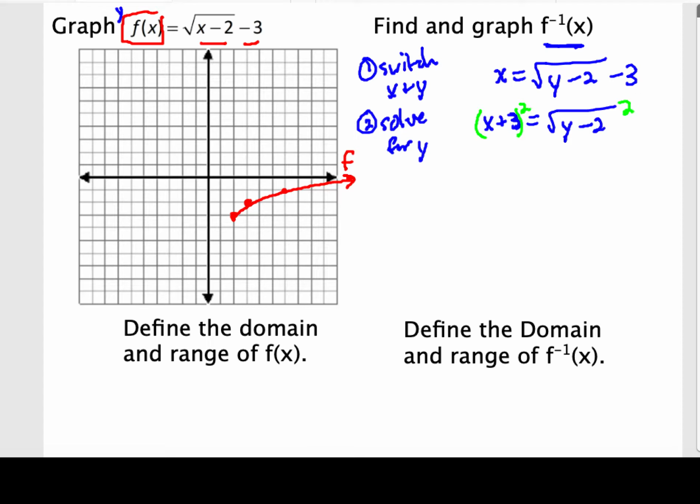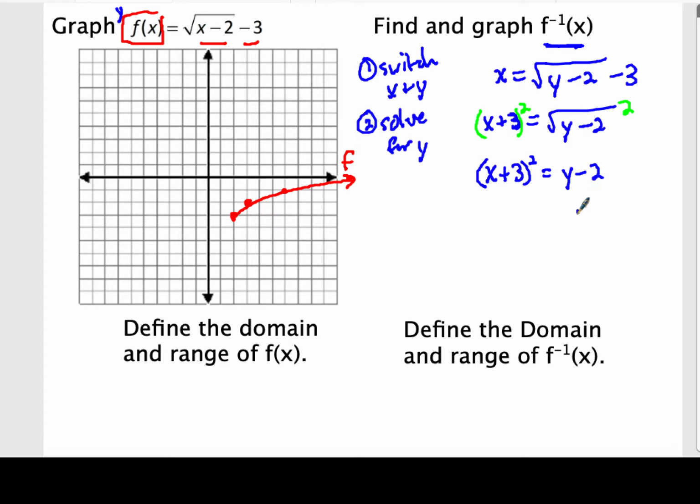Square root squared becomes y minus 2. And then finally, we're going to add that 2. So it looks like we got y equals x plus 3 squared plus 2. And we would say that again, instead of y, that's f inverse of x, equal to x plus 3 squared plus 2.